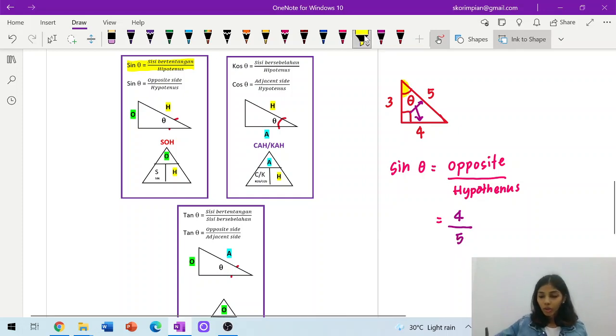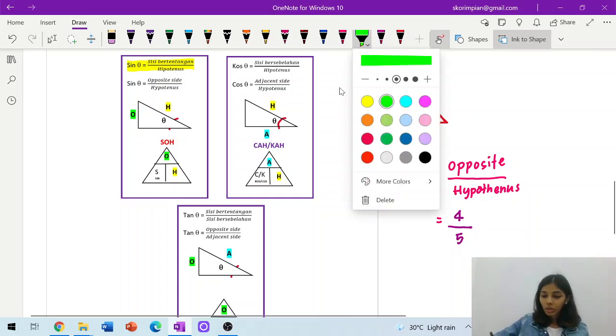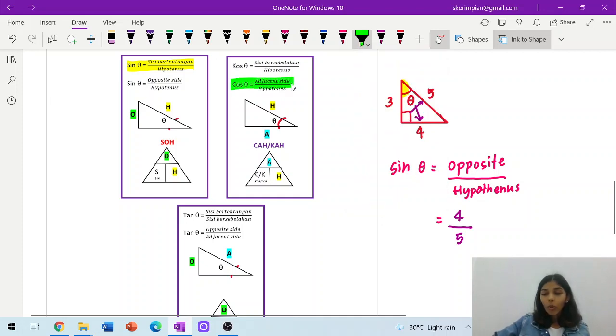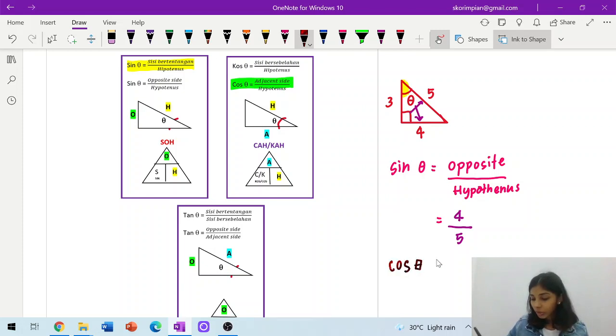Okay, how about cos? Your cos theta is equal to adjacent over hypotenuse. So in this question, your cos theta will be adjacent. Which one is your adjacent? Your bersebelahan is 3. And your hypotenuse is the longest one, which is 5. So your cos theta is 3 over 5.